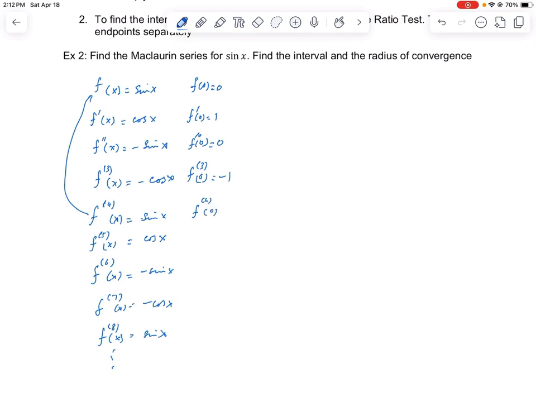Notice here, every even derivative is coming out to be 0.